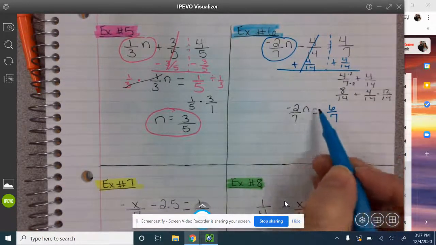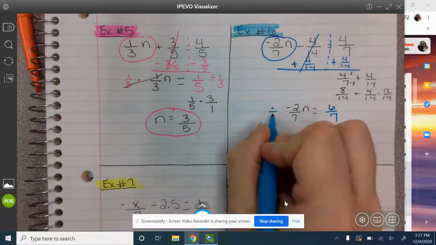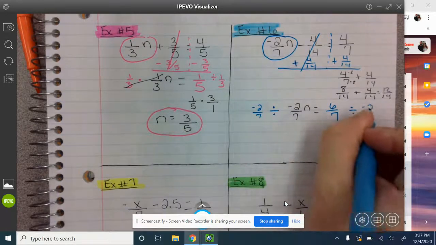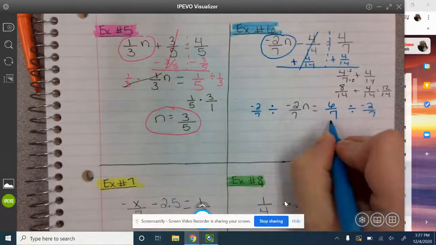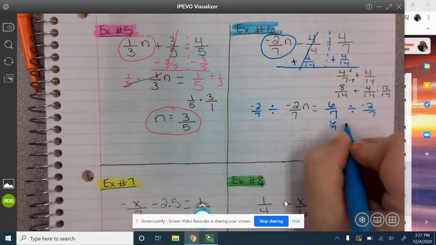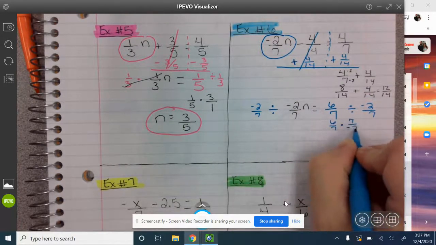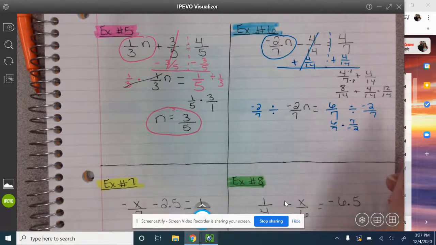Well, how do you undo multiplying? We're going to divide by -2/7. And remember, dividing fractions, you change it and flip it. And like I've told you on previous problems, I like to cross cancel.